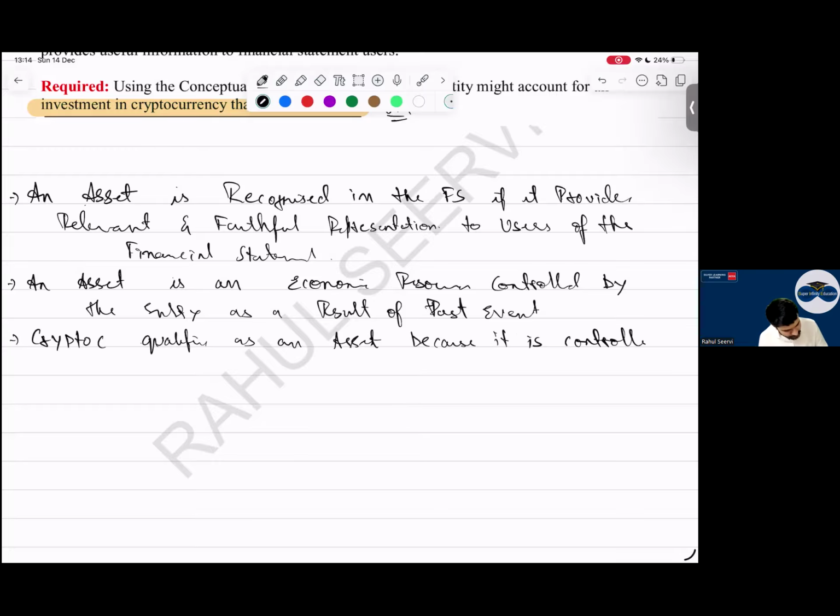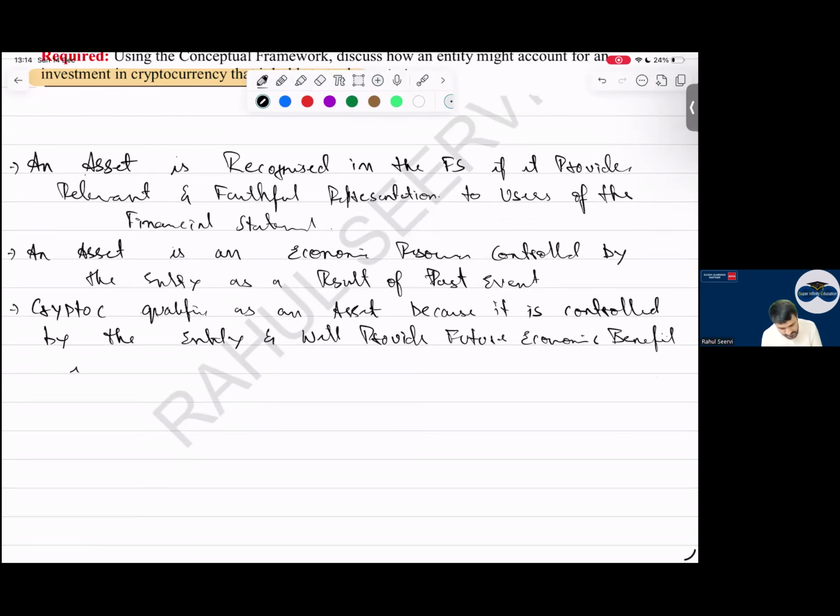It is controlled by the entity and will provide future economic benefits, that is, it can be used to purchase goods. Simple point. I get an economic benefit.